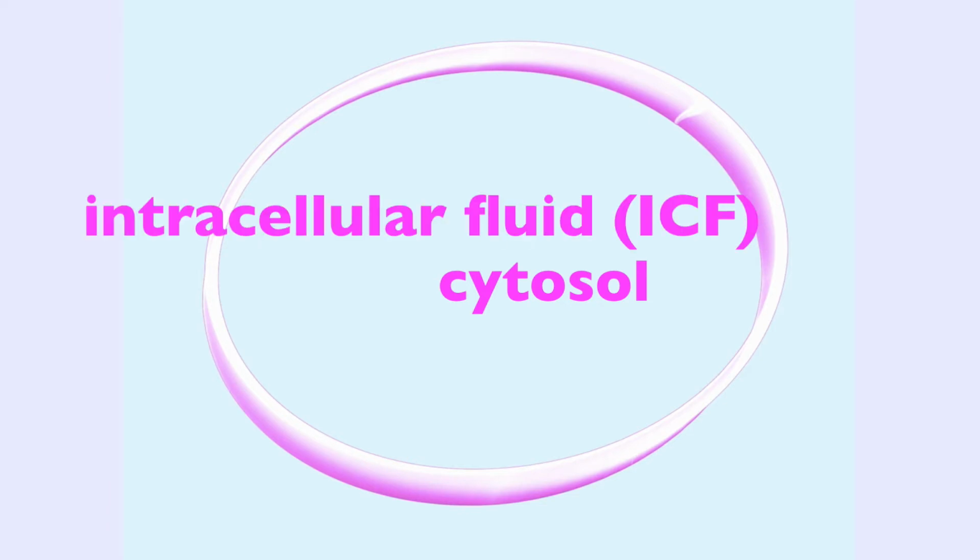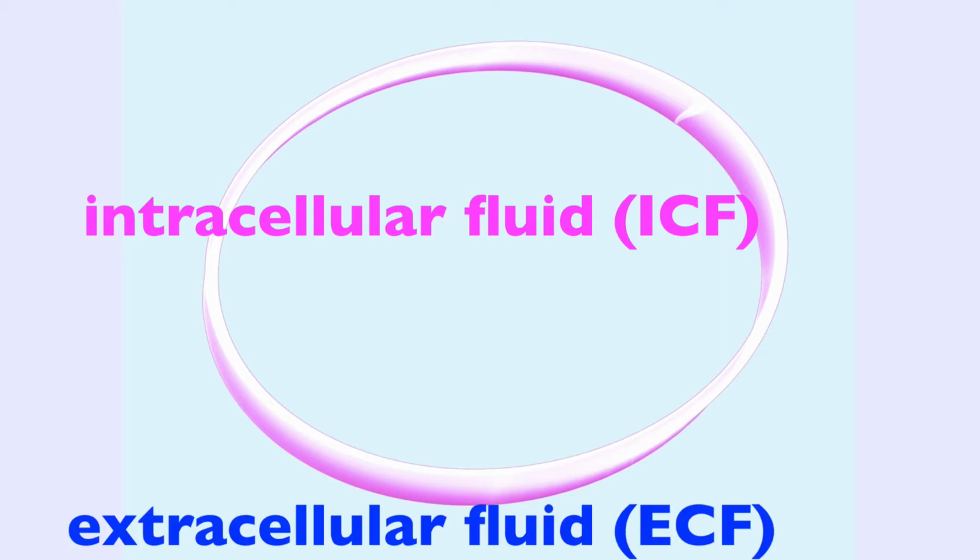The fluid or water inside of cells is known as cytosol, otherwise known as intracellular fluid. The fluid outside of cells is extracellular fluid. If we're going to break the fluid down in the body, intracellular fluid makes up 2/3. That is to say, 66% of all the fluid in our body is contained within cells, whereas the other 1/3 is outside of cells.